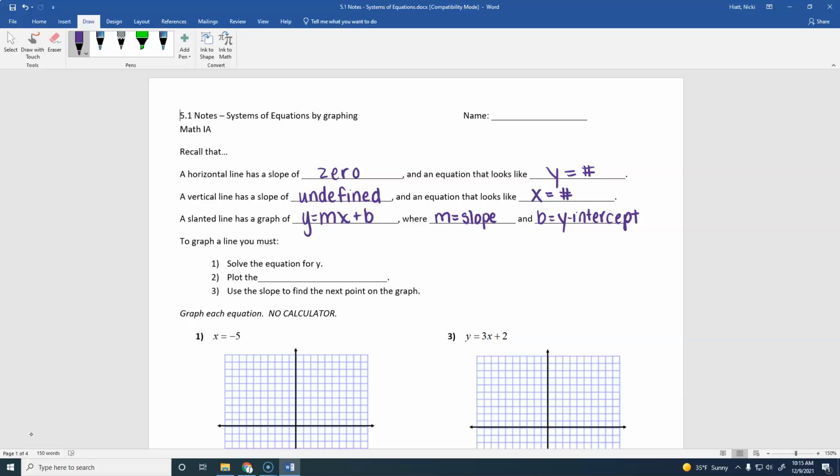And when we're graphing a line, we're going to plot the y-intercept. Well, solve the equation for y first, then plot the y-intercept, and then use the slope to find your next point from there.